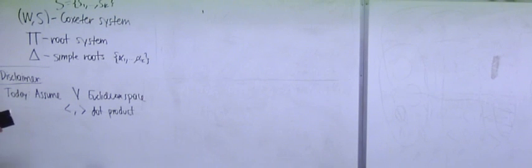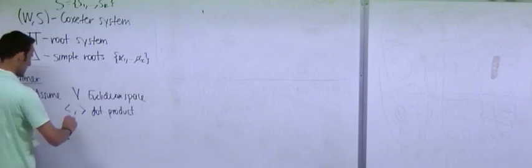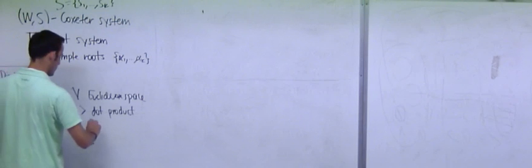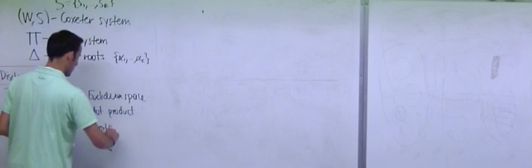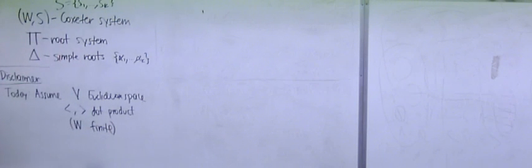Now, let me tell you the fact, which is that if your Coxeter group is finite, then you can always realize it in a Euclidean space. And that's actually an if and only if. So this is a very nice theorem that says actually if you're finite, then you can live in Euclidean space, and if you're infinite, then you can't. Okay? And so basically this is equivalent to saying that my group is finite. Okay?